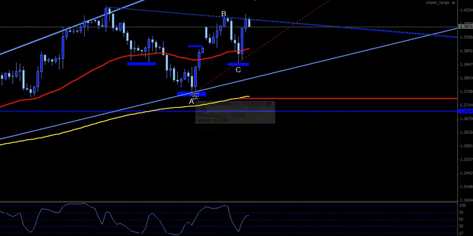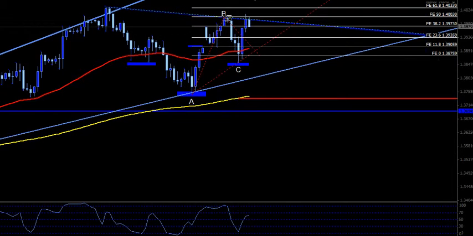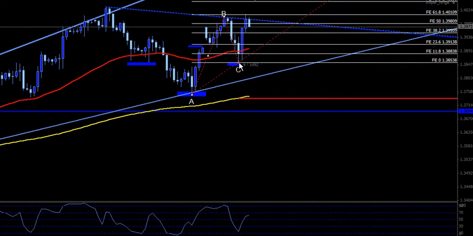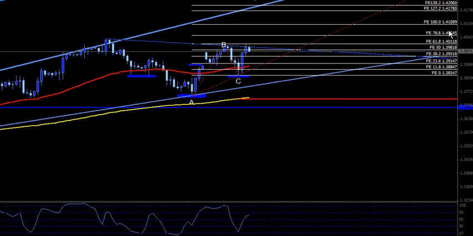Let's use the Fibonacci expansion tool, drag it from the low to the high, pull leg C down. Okay, so on a 4-hour basis, we're working our way up to the 4-hour target of 41.08.